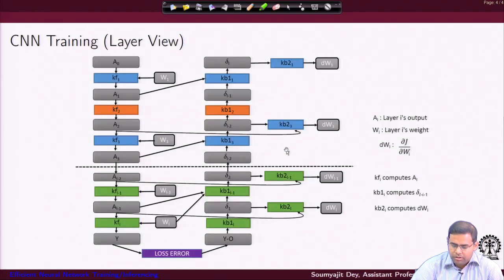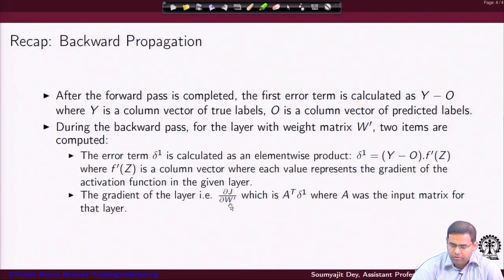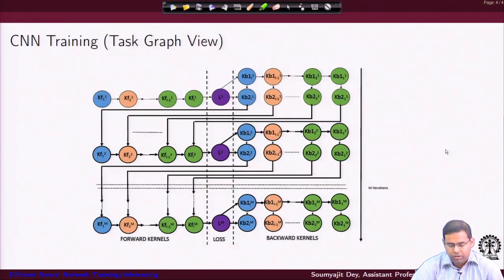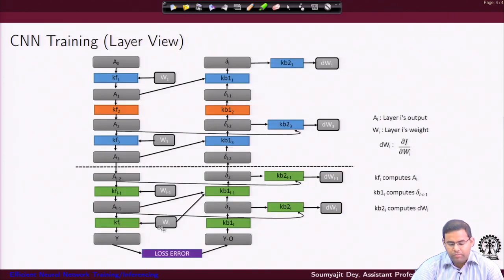So, with this, here we are getting the error and I am using, let us say, this matrix KB1. This kernel is actually representing the computation of delta 1. So, if you remember what was my delta 1: delta 1 just requires y minus o and f prime, right. So, there is no requirement for any input of the weight matrices, right.